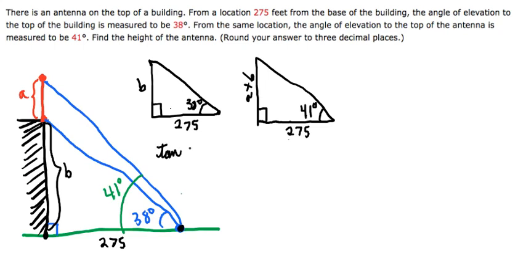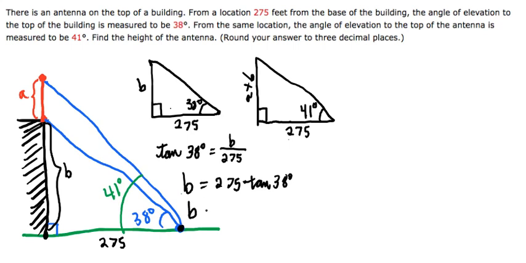So we can say that tangent of 38 degrees is equal to B, the opposite side of that angle, over 275, the adjacent side of that triangle. And we can solve this directly for B. So B is equal to 275 times tangent of 38 degrees. And we are going to have to approximate that on a calculator.